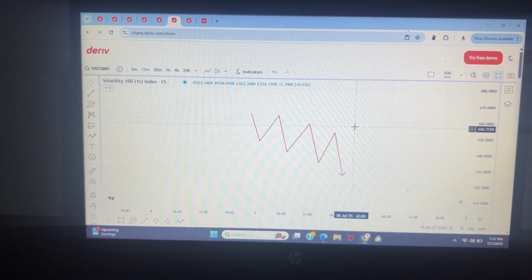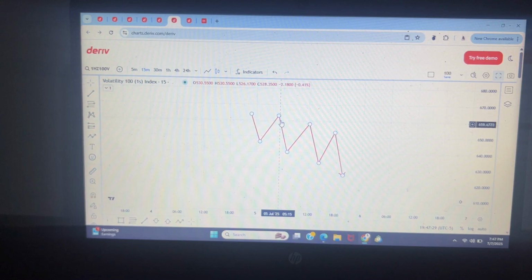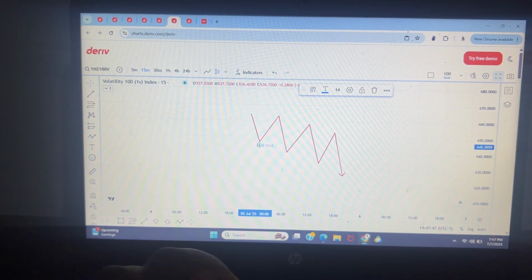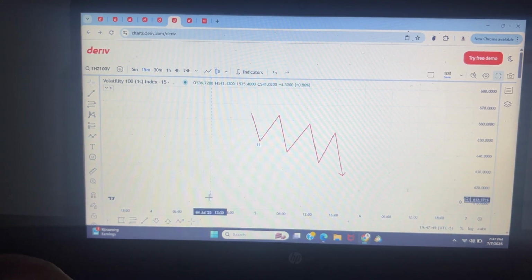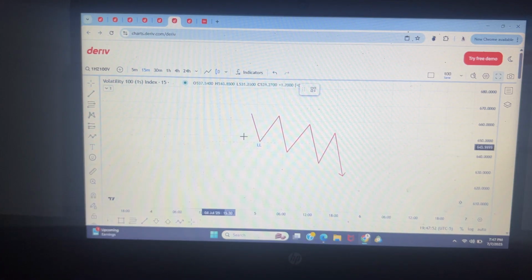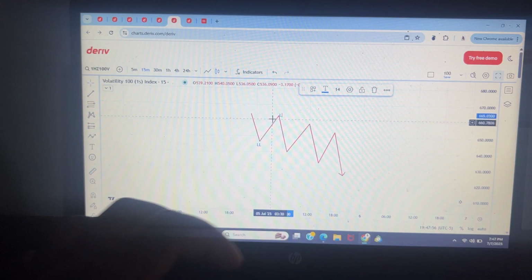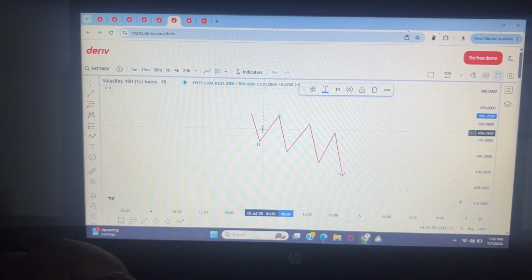So we're looking for price to go to supply zones. When price goes to the supply zone, you're going to look for sells, for the market to drop down. So what we do is mark out the lows and the lower highs.